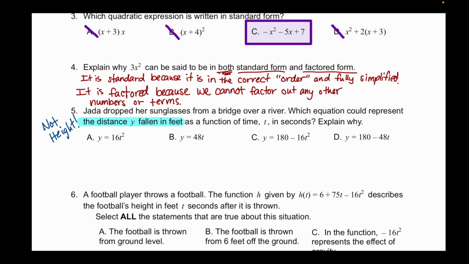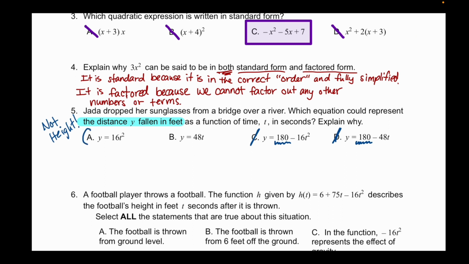When we have a constant term here, that is like in C and in D, where we're starting with the 180. That means we are measuring how far off the ground it is, or we're measuring the height. That's why we're not using that. And then it's falling, that height is decreasing, which is why we have the minus.